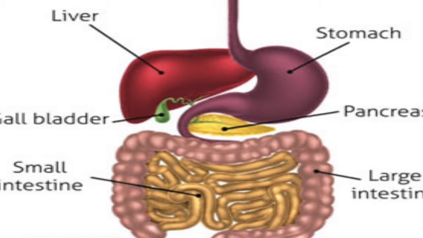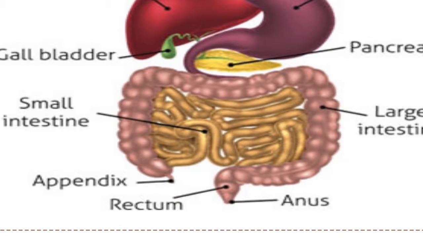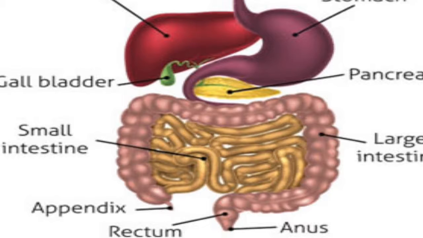And the remaining enzyme, amylase, works on the starch or carbohydrate, and converts this polysaccharide into a simpler form, that is glucose. So this is how the food is now totally converted into simpler form in the small intestine.